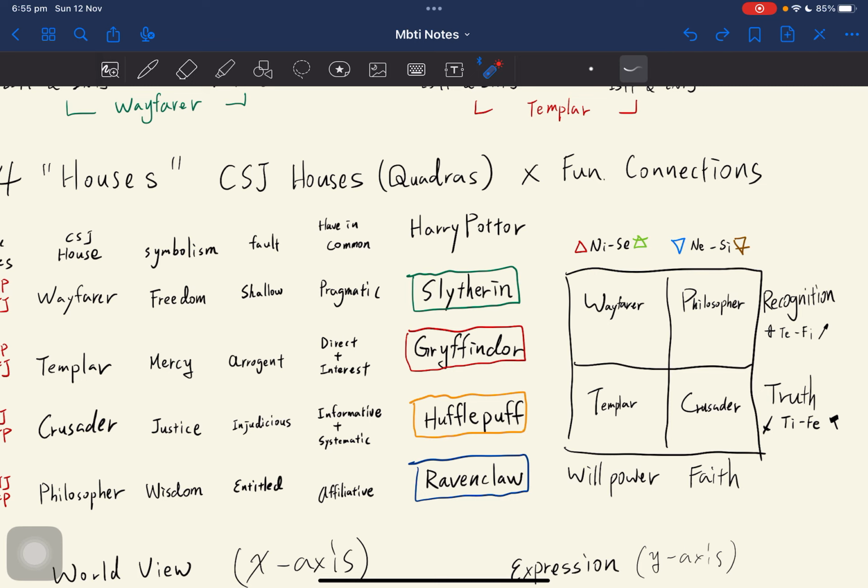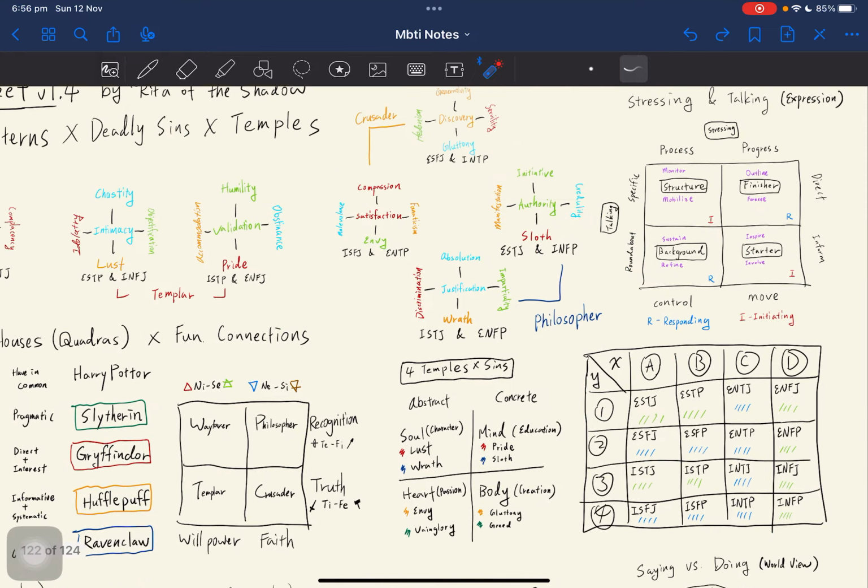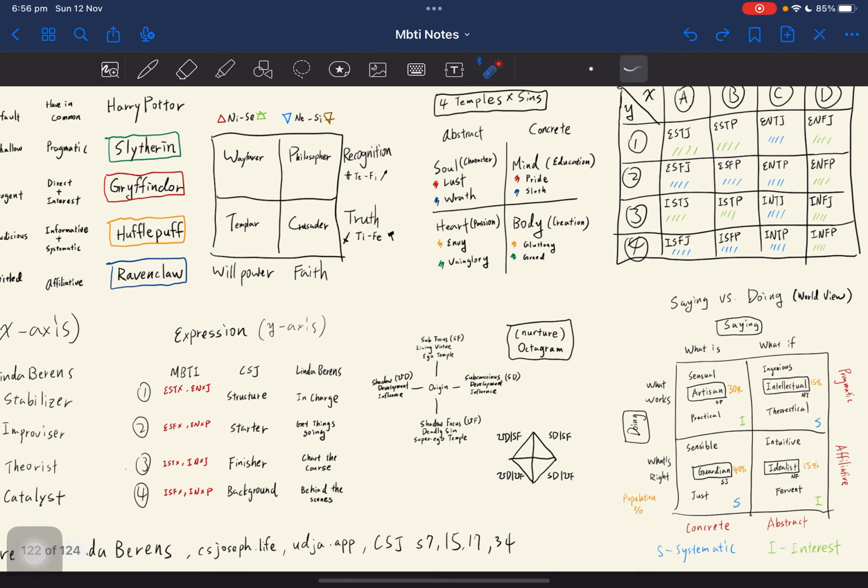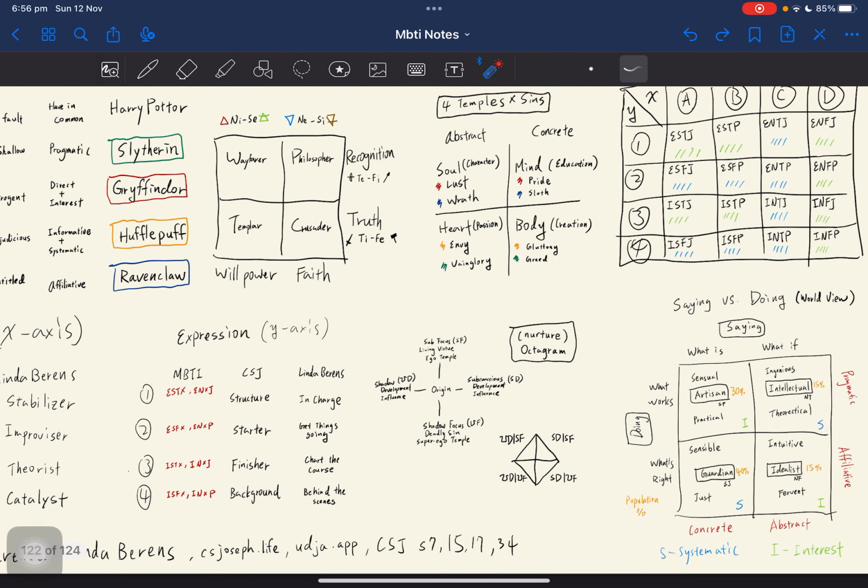So yeah. Every type in the philosopher are affiliative, and every type in the wayfarer are pragmatic. So that is linking back to this part. So are they pragmatic or affiliative?